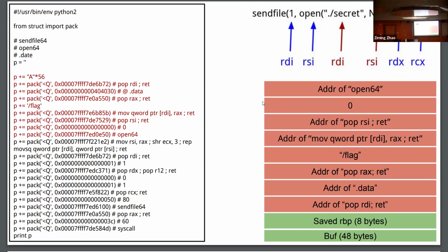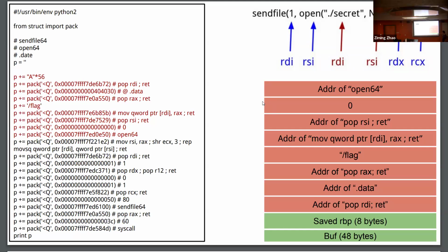So the goal I'm trying to reach is to put the string of flag into a place where I know the address. I don't want to directly push the string of flag onto the stack, because if I push that, I may not find out where it is. I need another gadget to find out where RSP points to. Right? We may not find out. You may find a gadget like that, but here I'm talking about another approach.